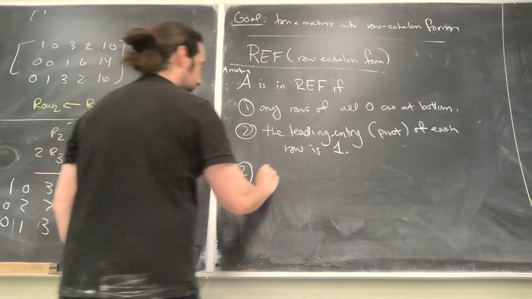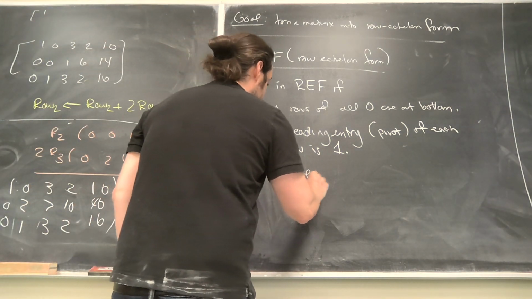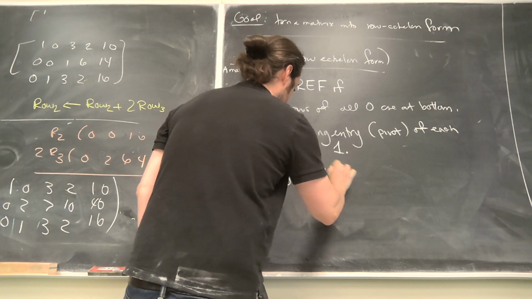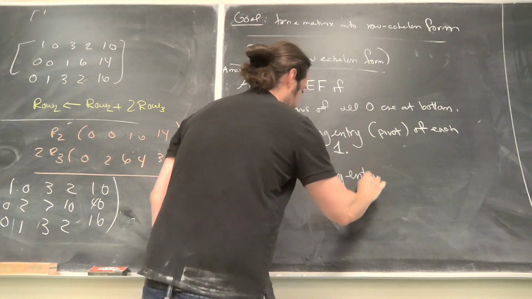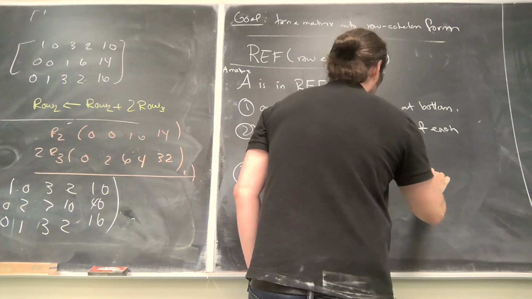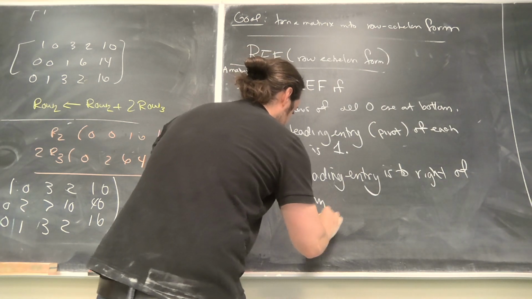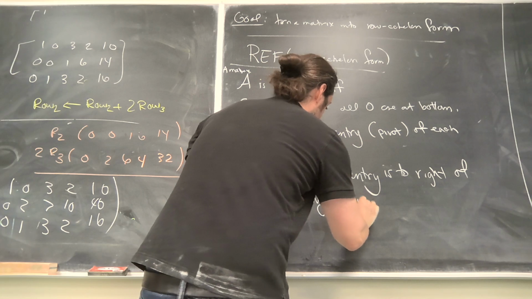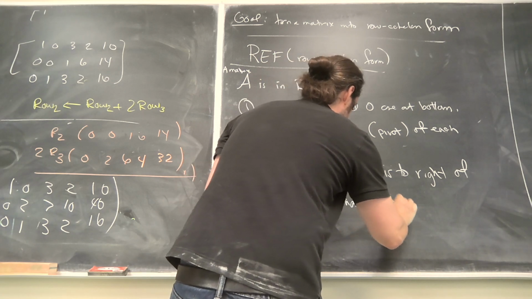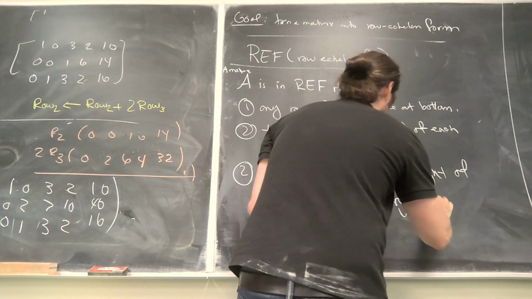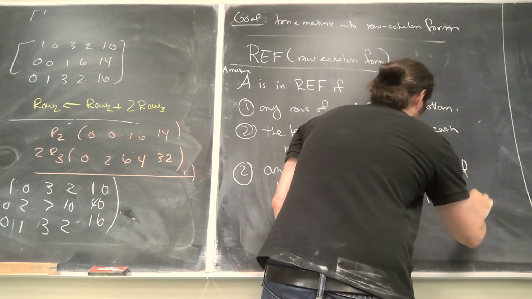And two, any leading entry is to the right of any leading entry above it, in rows above.